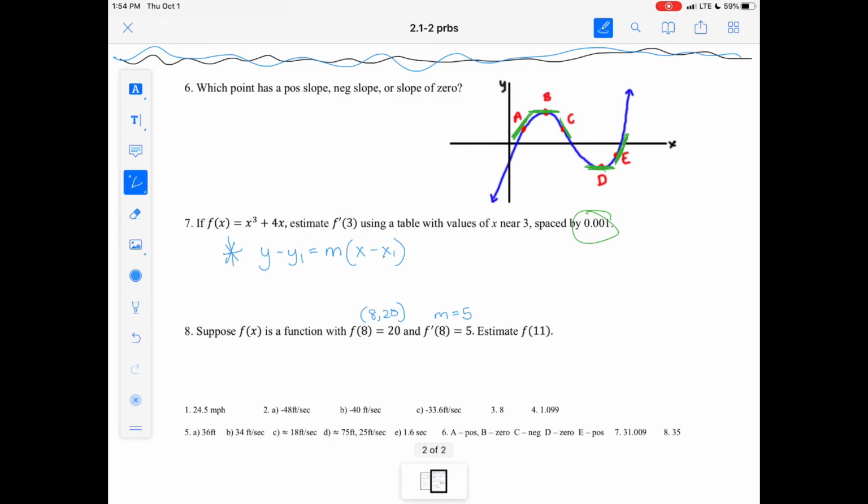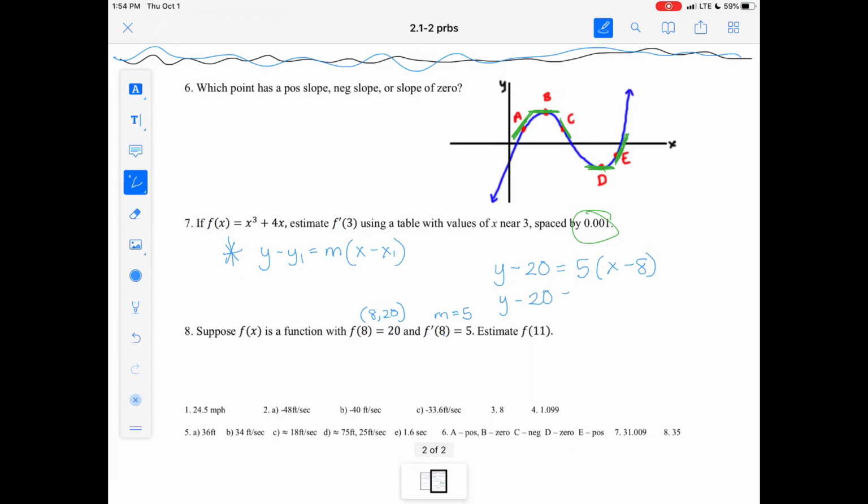So let's plug and see. That's y minus y1, which is 20, equals m, that's 5, times x minus, and then my x coordinate is 8. This is all we know right now, folks, about that graph, f of x. So I'm going to use that information. I'm going to approximate what the y value at 11 might be.